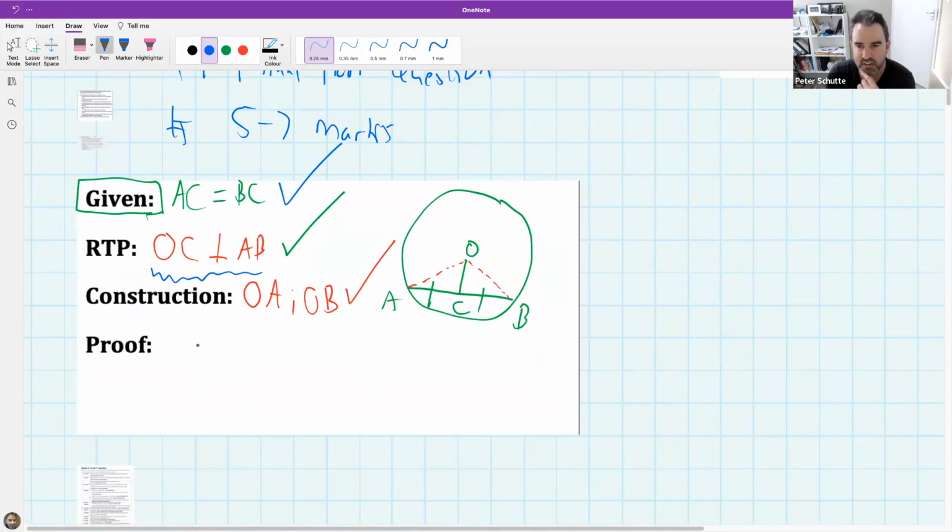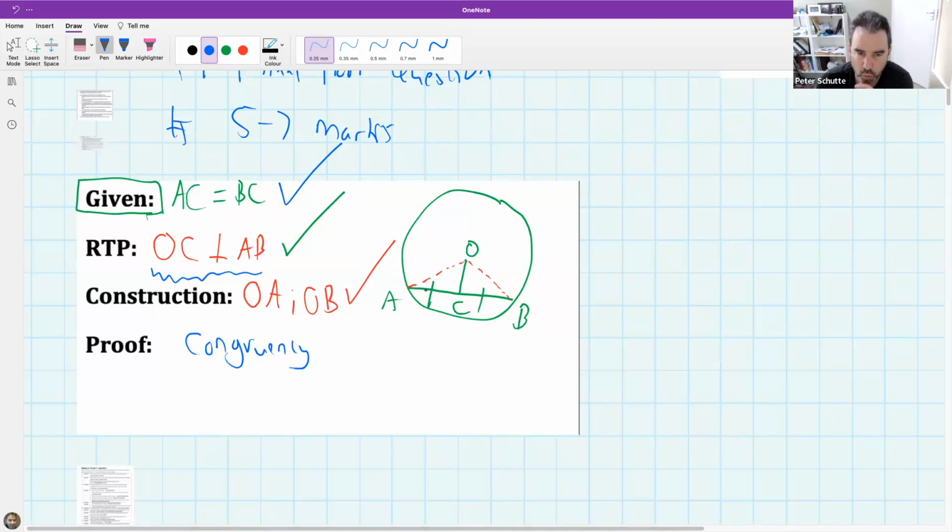What techniques? Okay, so Morgan, with a formal proof, we can't use, in this case, the midpoint theorem. We do use the fact that we know that AC is equal to BC. In this type of situation, we often have to use something called congruency.